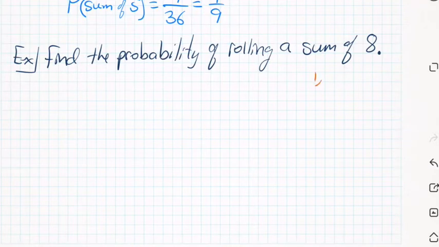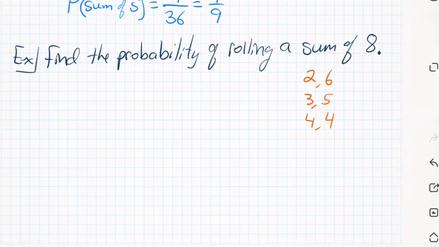So you can't say 1 and 7 because 7 is not on a die. The first one I can come up with is a 2 and a 6. That definitely adds up to 8. A 3 and a 5, that adds up to 8. And a 4 and a 4. So those are the 3 pairs of numbers that I know that can add up to 8.